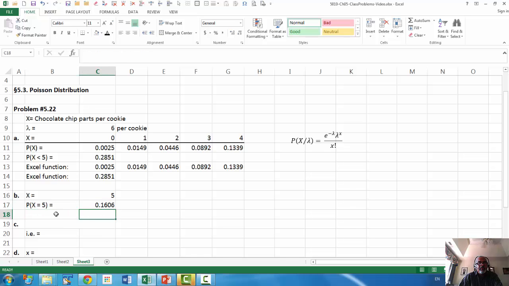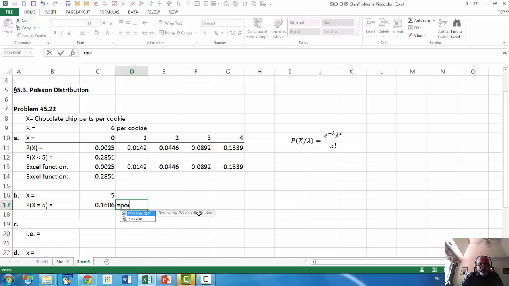Of course, we can use the Poisson function also. So we can use Poisson.dist. So x is 5, lambda is 6, and remember we want individual probability here because we want exactly x equal to 5. So you have to select 0 there.